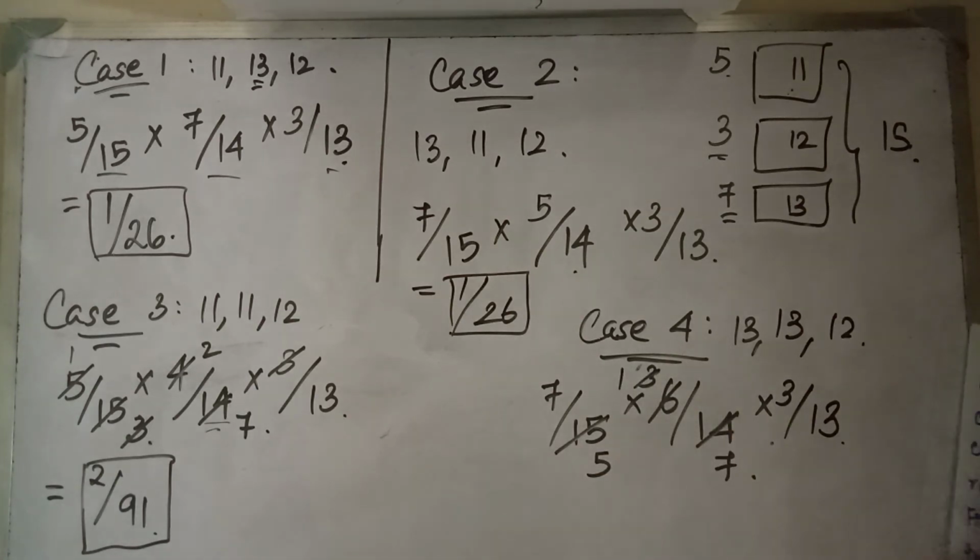So we will have 3 by 5 into 13. And this will give us 3 by 65.